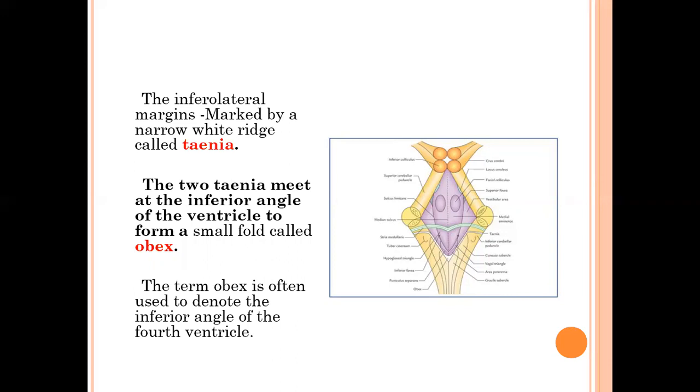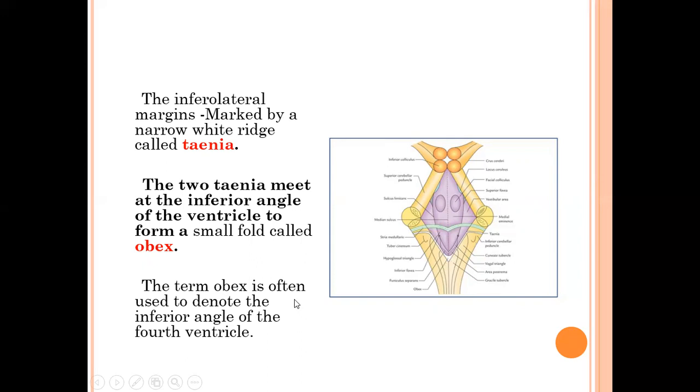The inferior lateral margins of the fourth ventricle are marked by a narrow white ridge called taeniae. The two taeniae meet at the inferior angle of the ventricle to form a small fold called the obex. So you can see the taeniae, and where the two taeniae meet at the inferior angle of the ventricle, they form a small fold known as the obex.